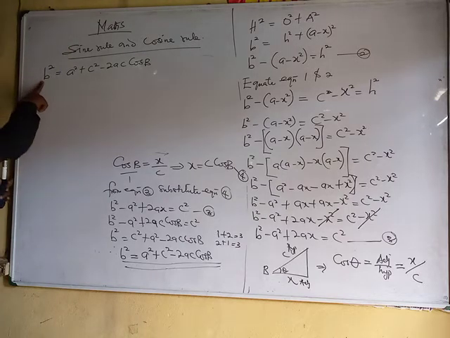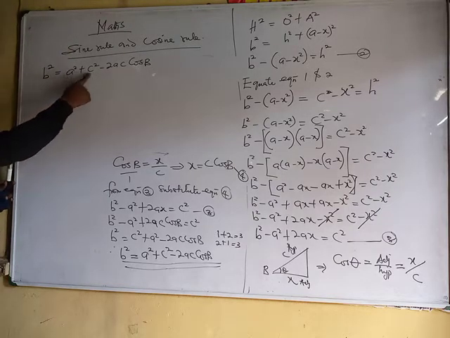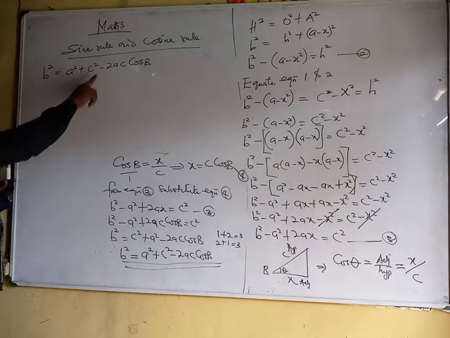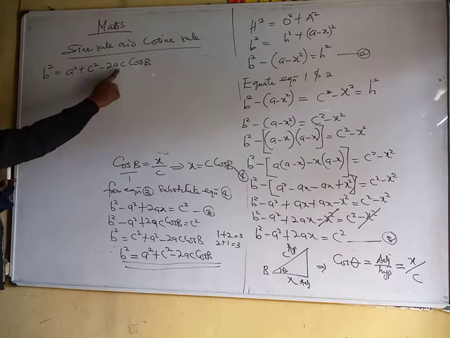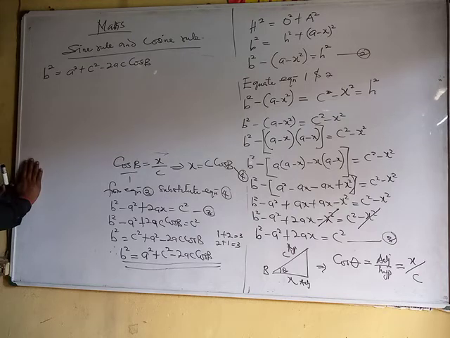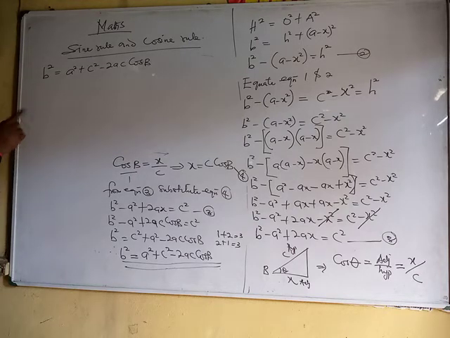This is the distance apart of b, and we are given a and c. So you can see a square plus c square, the two distances they give to you, minus 2 times those distances, but don't square them, cos of the angle B. Because the distance apart is b, the angle should be at B.